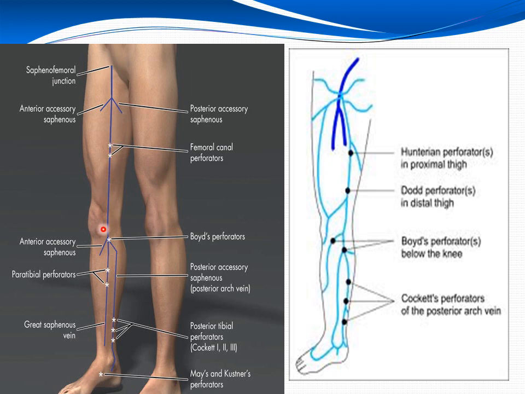Remember this point, out of which one valve lies just before it pierces the cribriform fascia, and a terminal valve is located at its junction with the femoral vein. That is the saphenofemoral valve.